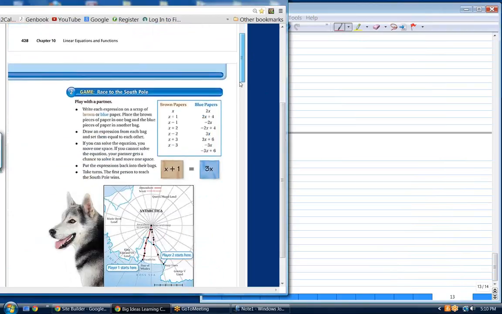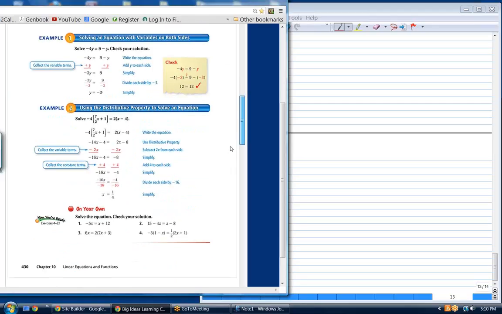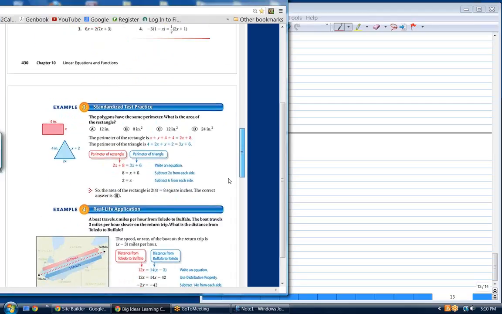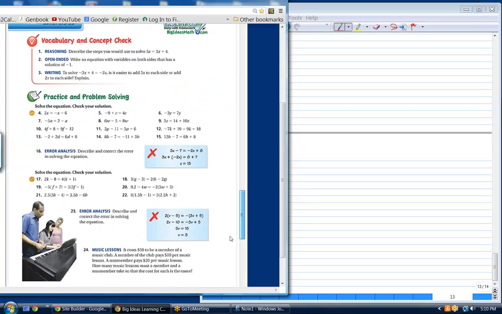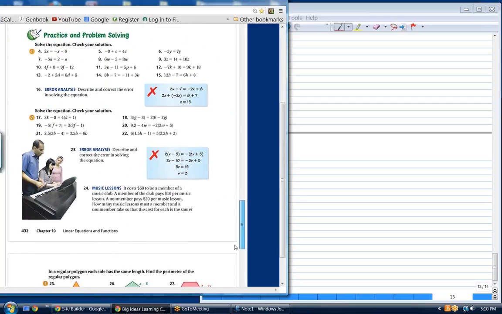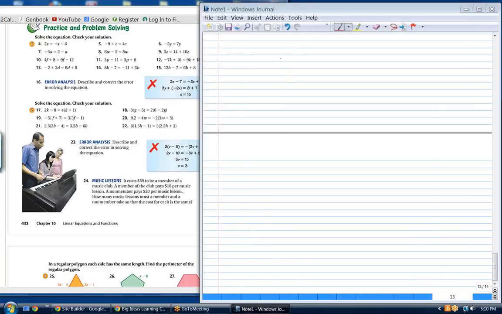We started on 10.1, but we haven't done this yet. I'll bet you can do this without looking at any of the examples. Let's get you a head start on this chapter. See if you can figure out how to solve this.